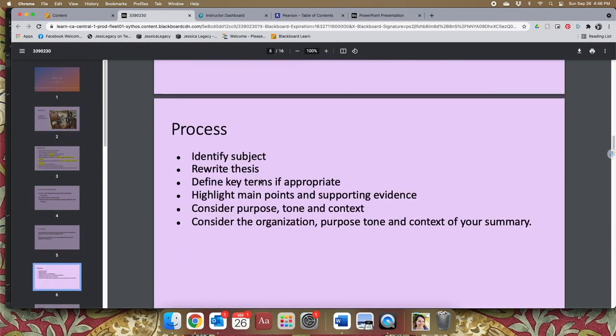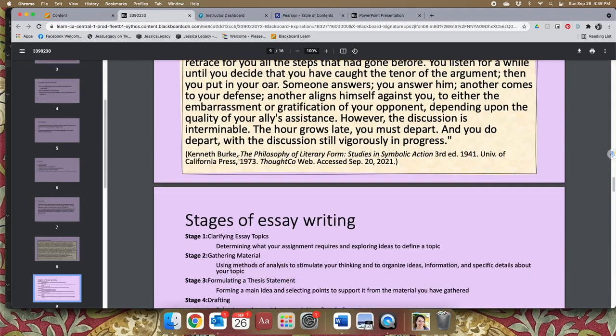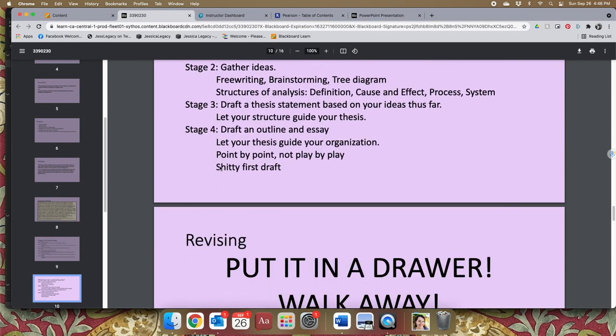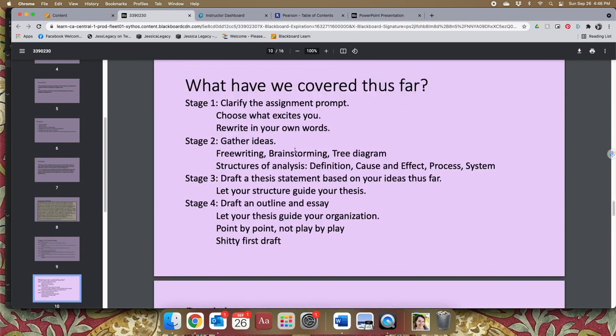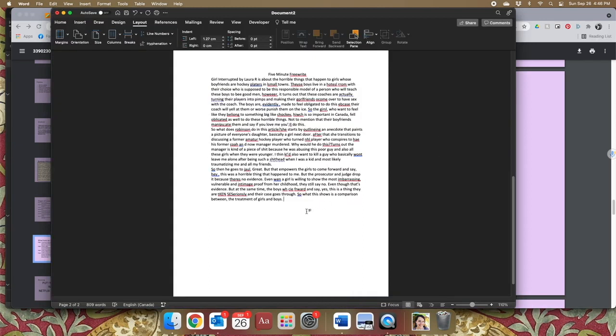So now I'm pulling up, again, the first components of writing. This is what I am doing now. I've done some free writing, stage 2, and now I'm drafting a thesis, a first go at it, right?